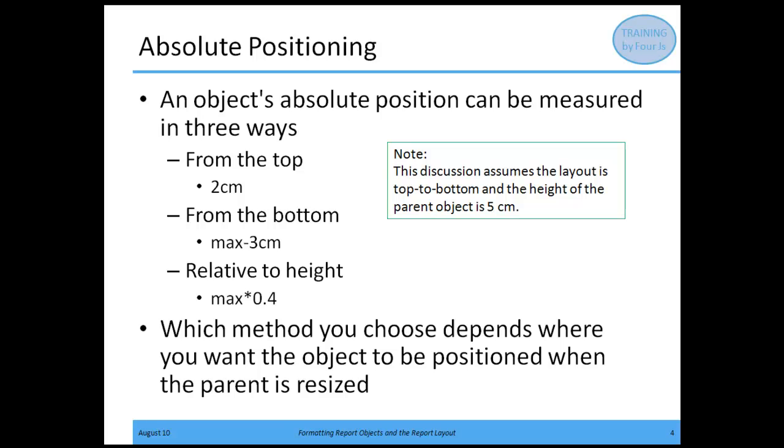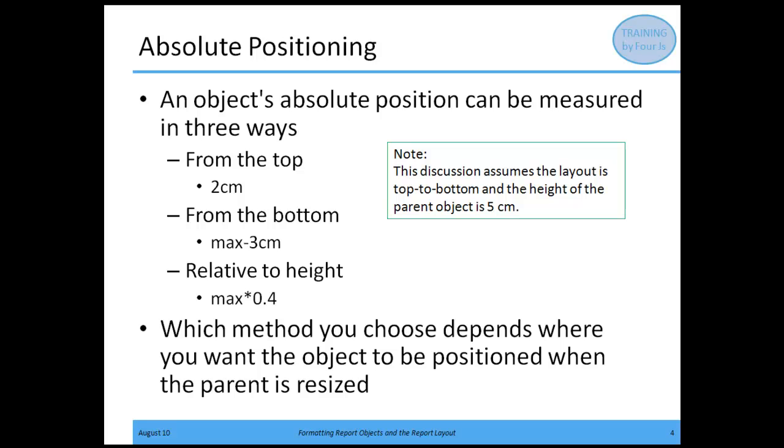We could also do it relative to the height. So we could say max times 0.4. We know the max is 5. 5 times 0.4 is going to give us the 2 centimeters. So what method you choose is going to depend on what you want to happen to the object if and when the parent is resized. Naturally, if you specify from the top with straight values such as 2 centimeters, resizing it isn't going to change the fact that we're always going to put it at 2 centimeters.